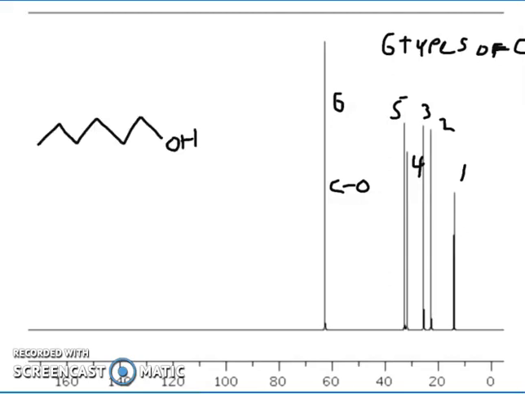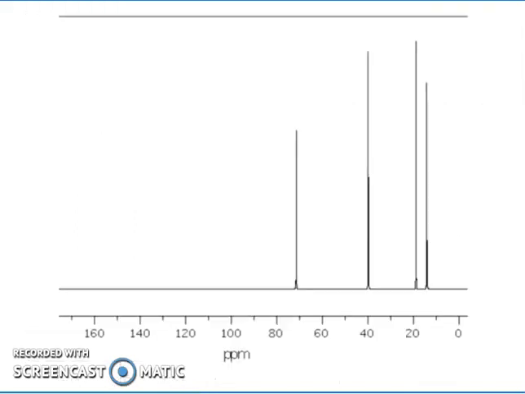And we can number these signals 1, 2, 3, 4, 5, and 6. I want to remind you that the C-13 doesn't tell us the number of carbons in the sample, but the number of types of carbon in the sample, because we can have symmetry in a molecule. And this spectrum is an example of that.